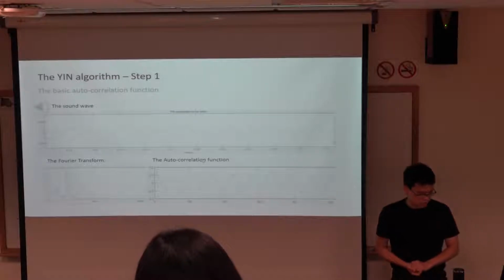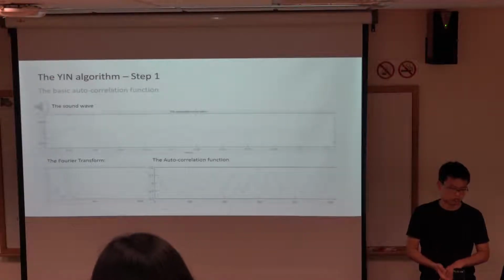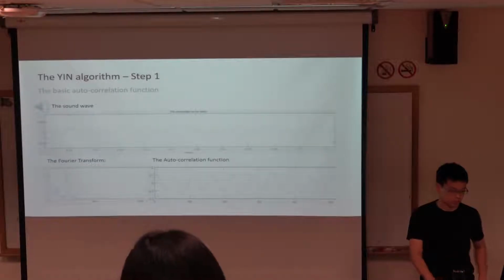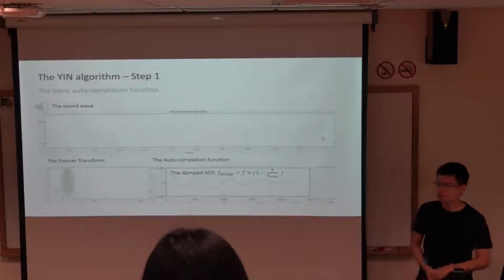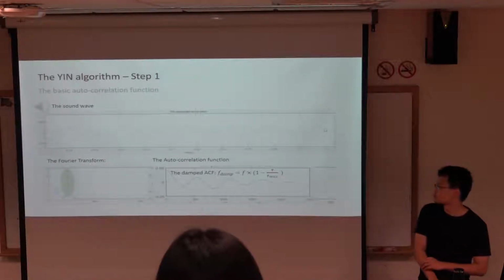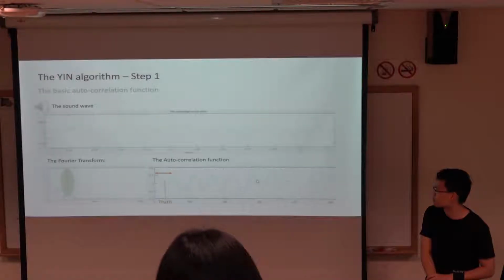One method that people invented to combine with the autocorrelation function is to add a damping coefficient to the autocorrelation function.